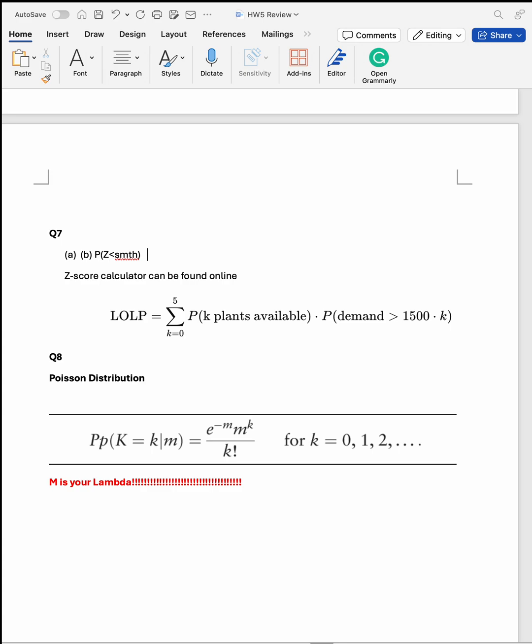After that, part C. For part C, I just want to tell you about LOLP, which stands for loss of load probability. This is the equation for that.